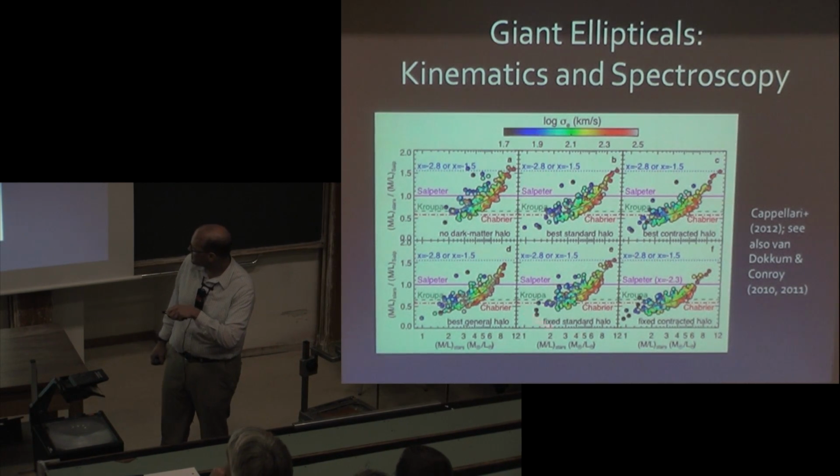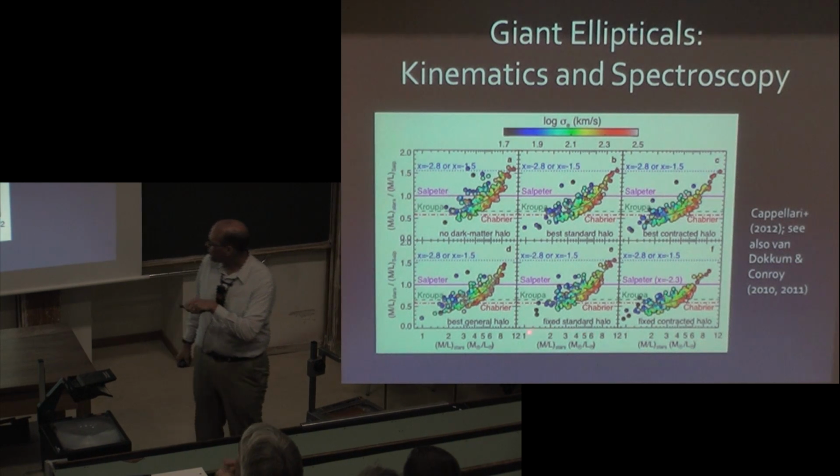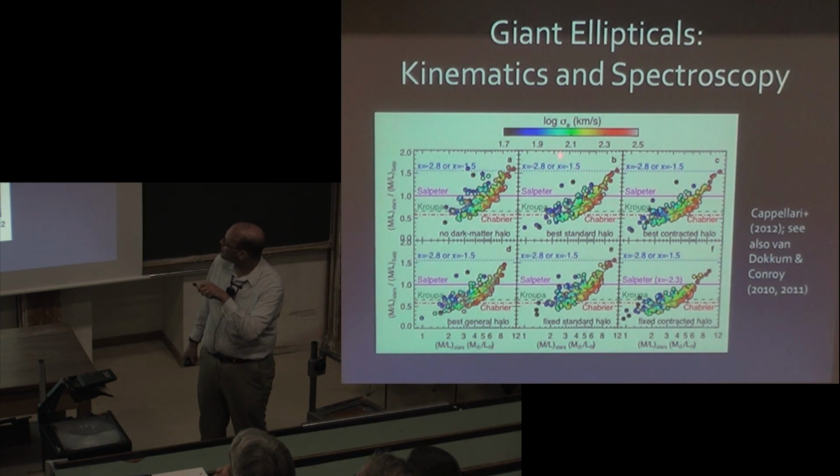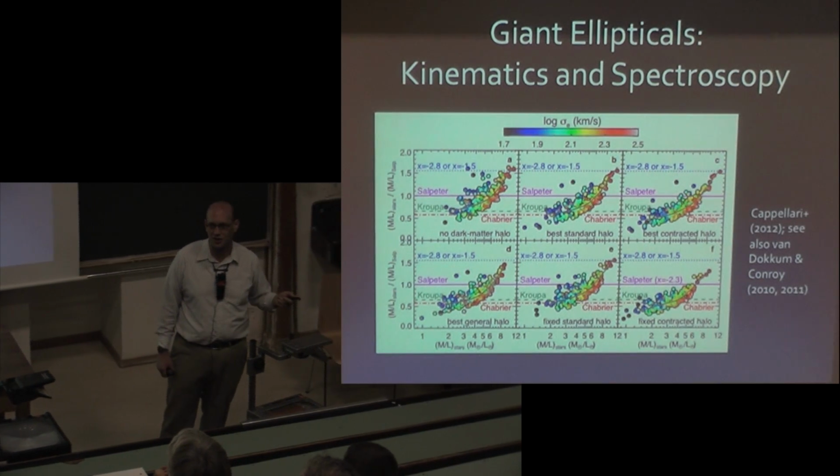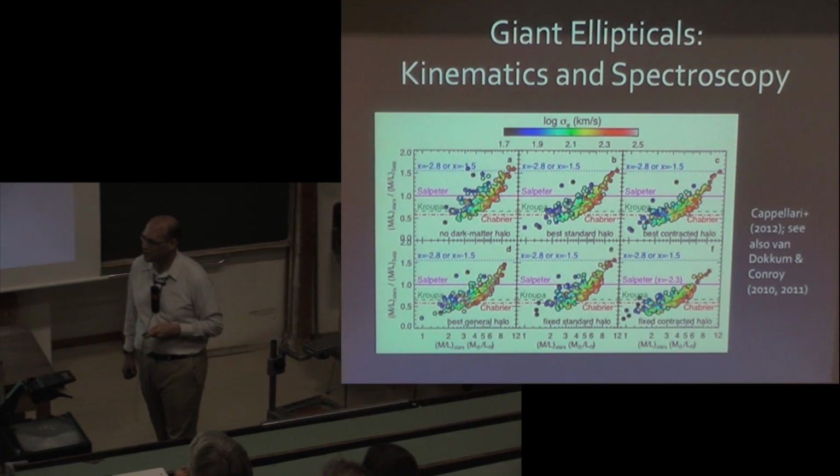And what you find is that for galaxies that have fairly low velocity dispersions, indicated in blue here, these are early galaxies, you get a mass to light ratio that's consistent with a normalish IMF labeled Kroupa or Chabrier here. But as you go to higher velocity dispersion halos, you seem to need a higher mass to light ratio, which would imply more low mass stars compared to a normal IMF.